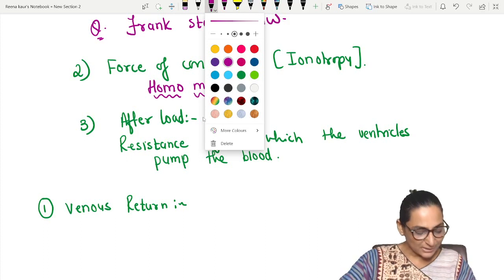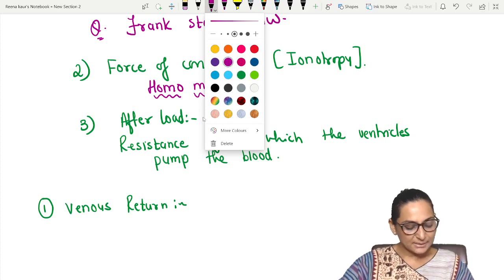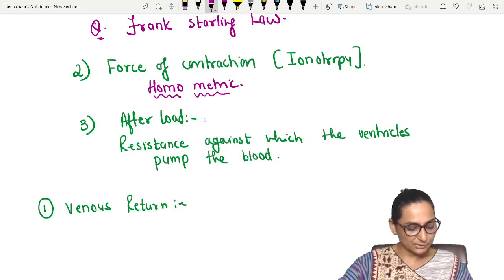Now, what is this venous return? It is the amount of blood volume that returns to the right atrium through systemic circulation.